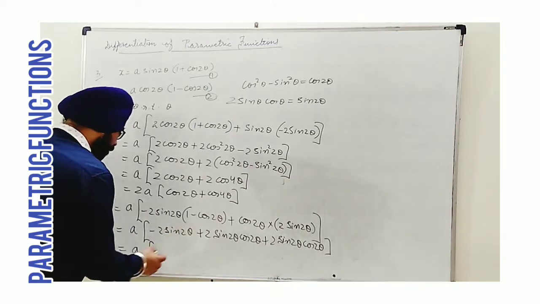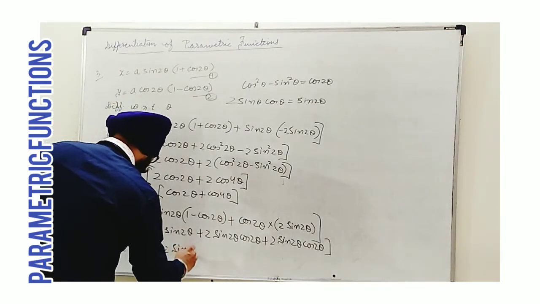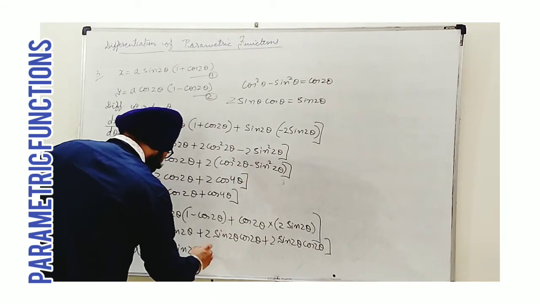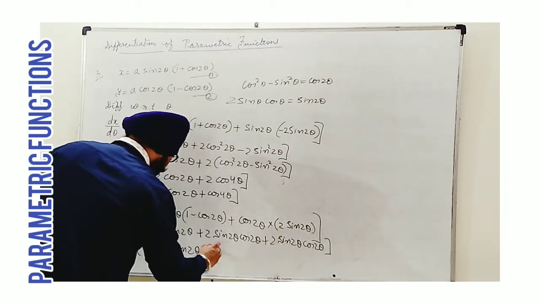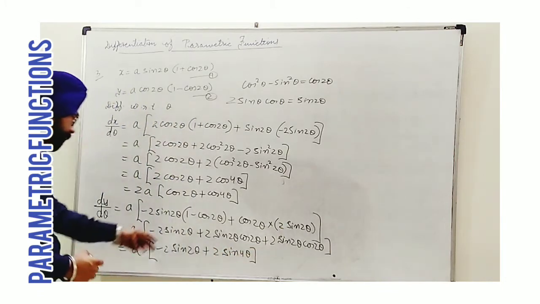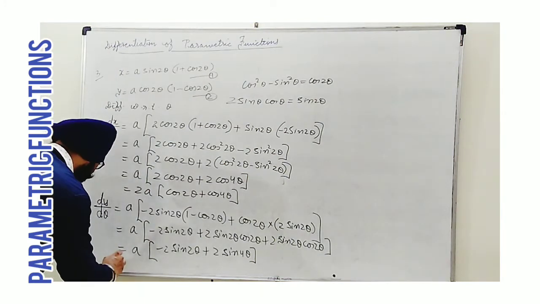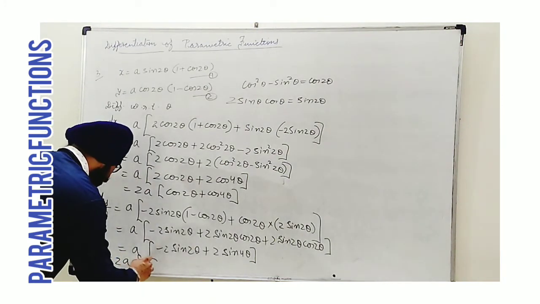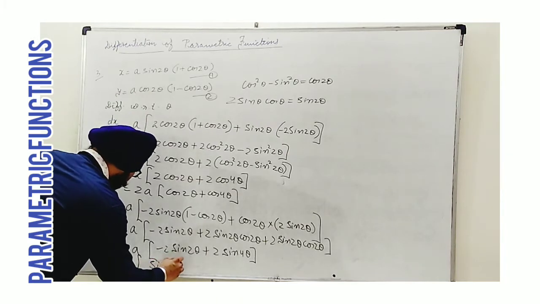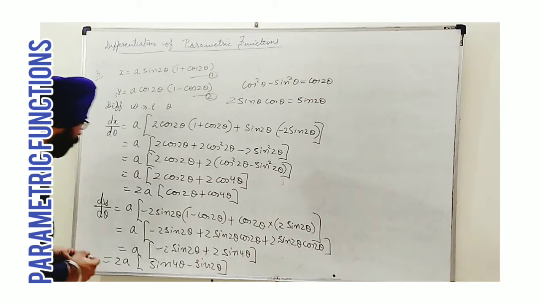Now writing both of the terms as sine 4 theta, we have 2 terms of sine 4 theta. So 2 sine 4 theta. And here also 2 can be taken out to write the value of dy by d theta as twice of a times sine 4 theta minus sine 2 theta.